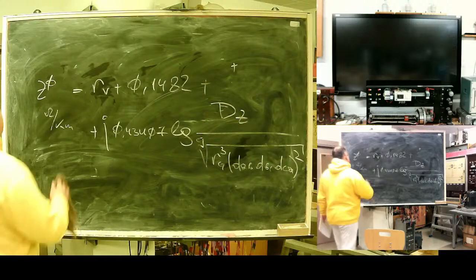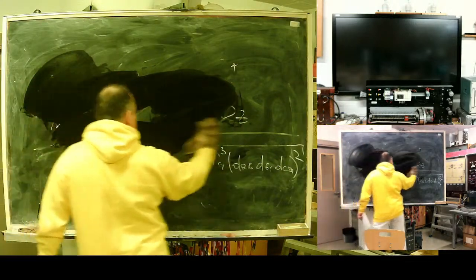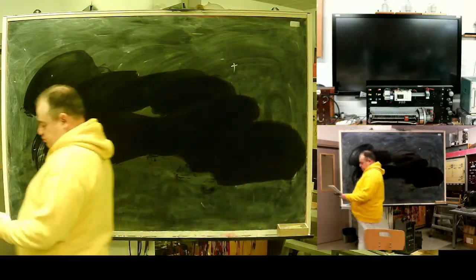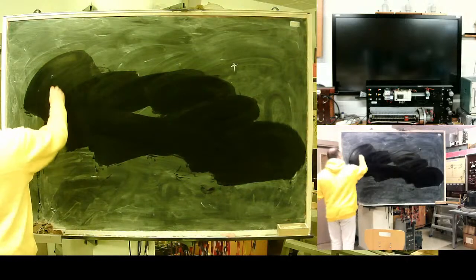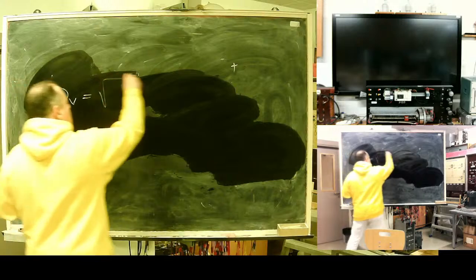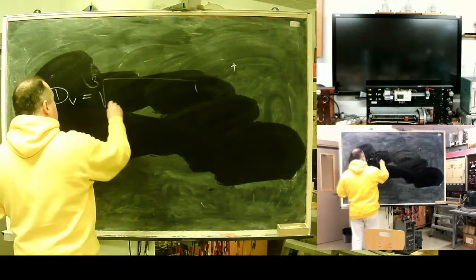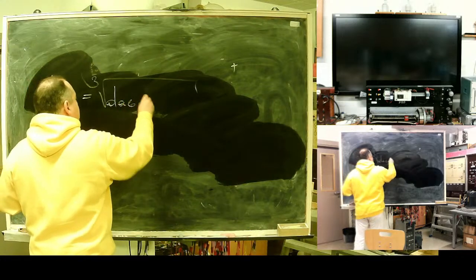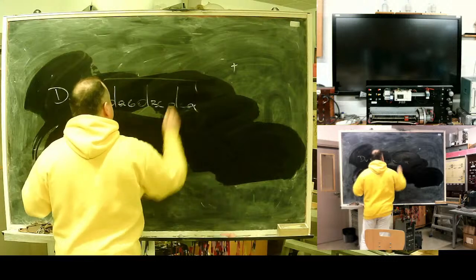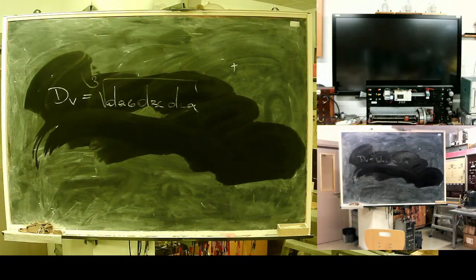To simplify everything, average distance can be used as root of power 3 of AB, BC, CA. Average distance.